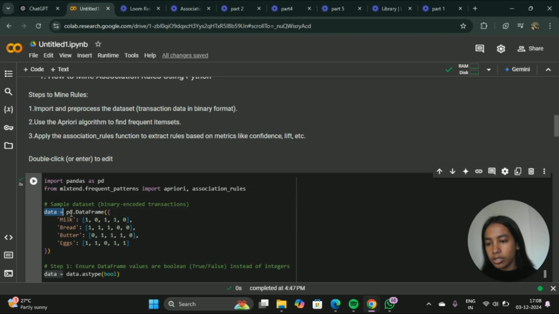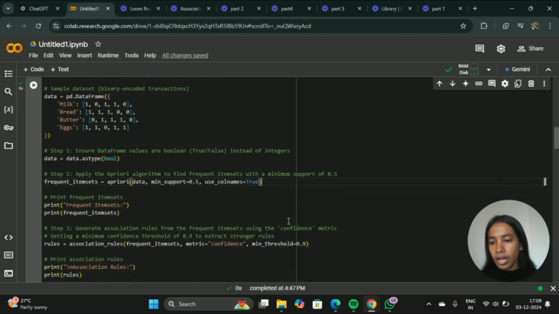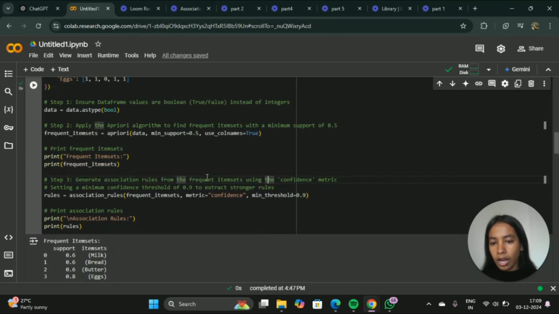This is our data set in which we are going to apply the algorithms. Now we apply the Apriori algorithm to find the frequent item sets with a minimum support of 0.5. Then we generate the association rules from the frequent item sets using confidence, with a minimum confidence of 0.9.